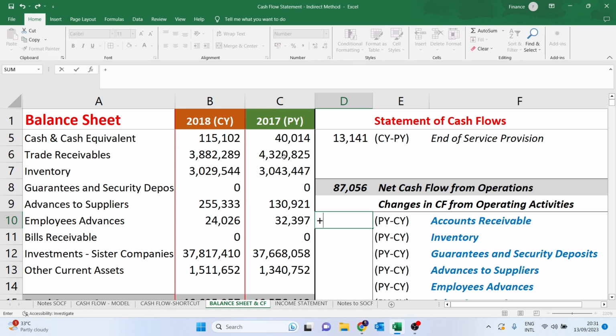Previous year it was 4.3 million, minus 3.8 million for the current year. So we got 438,000. Why is it 438 plus? Because there is a decrease in trade receivable. There is a decrease in current assets.